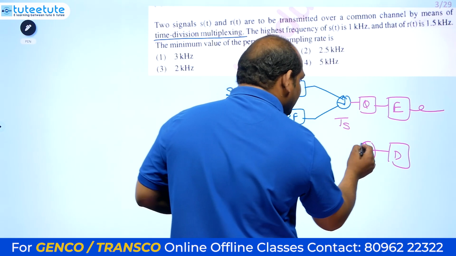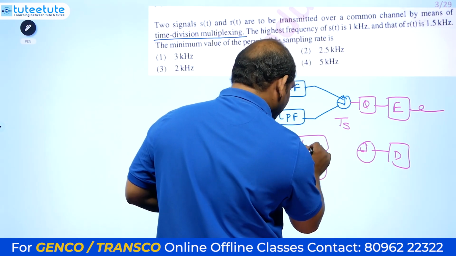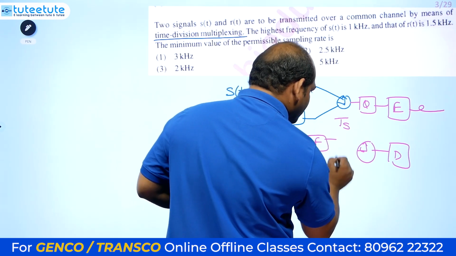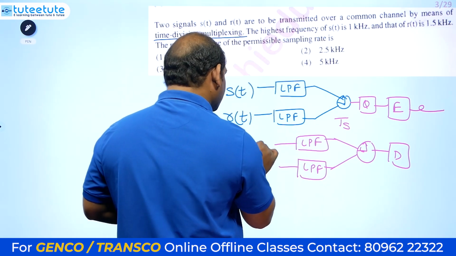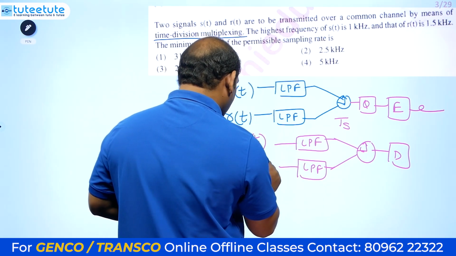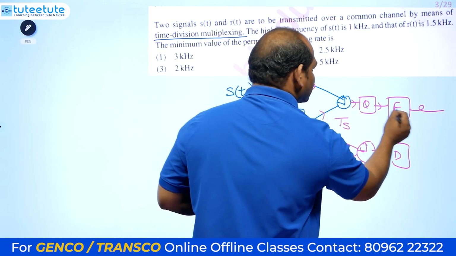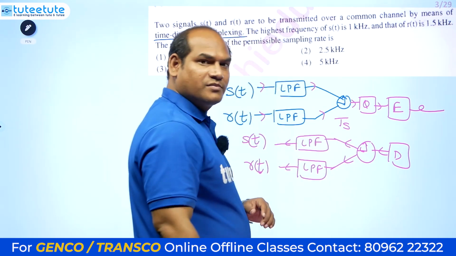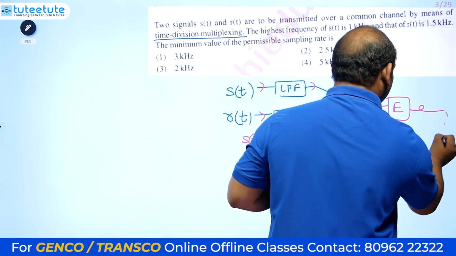Then again here we will have two low pass filters. Like this, here again we will get the same signals S of t and R of t. If I draw the arrows, you can understand the flow. So this is the time division multiplexing diagram.